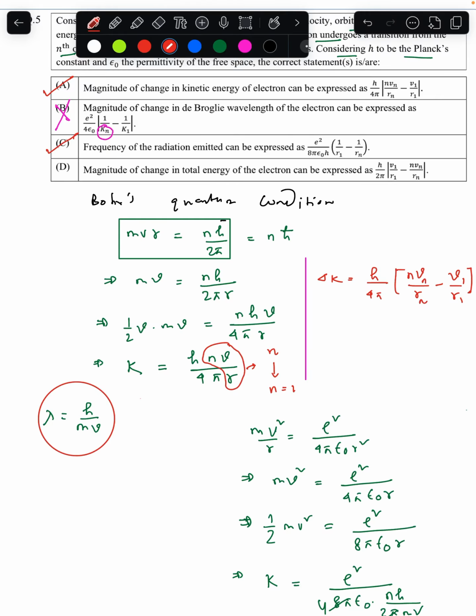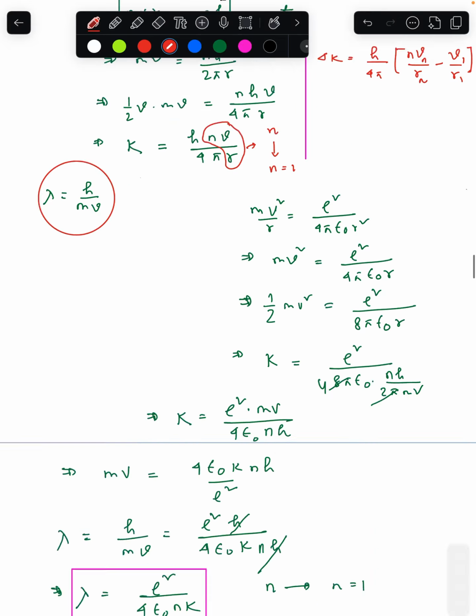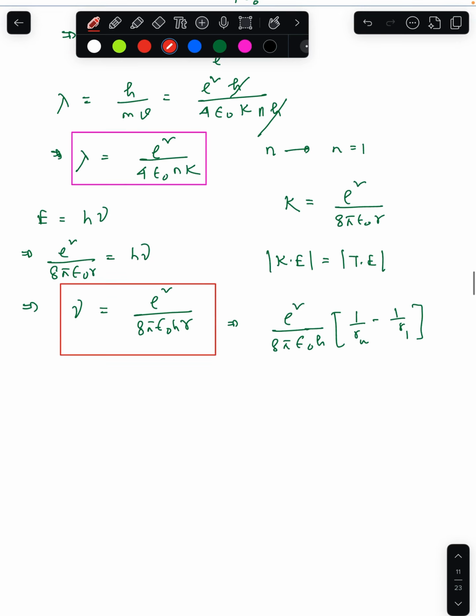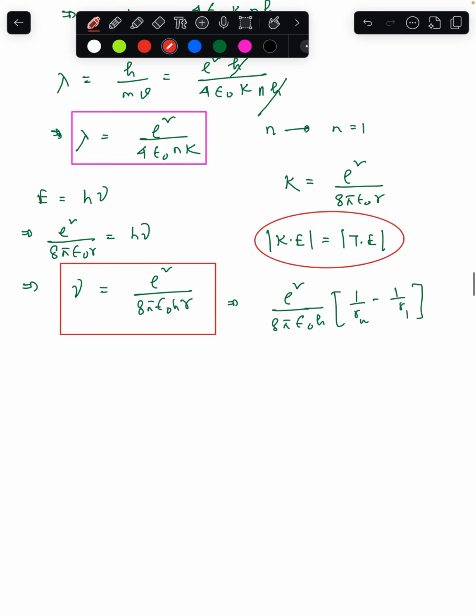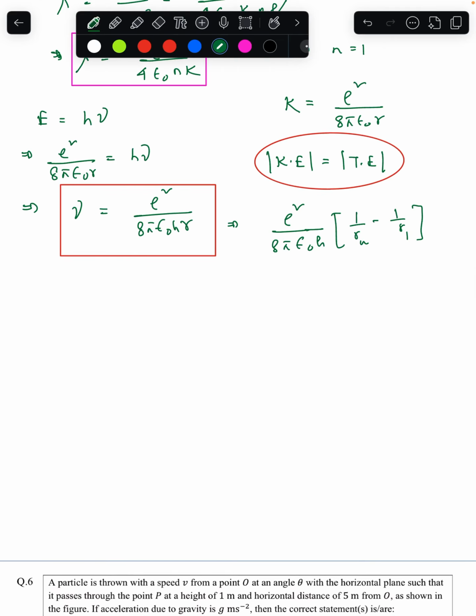Next, the magnitude of total change of the electron energy can be expressed as. As I told you earlier, magnitude of kinetic energy is equal to total energy. I am telling once again, if kinetic energy is equal to plus E naught, potential energy has to become minus 2 E naught, then total energy will become minus E naught.